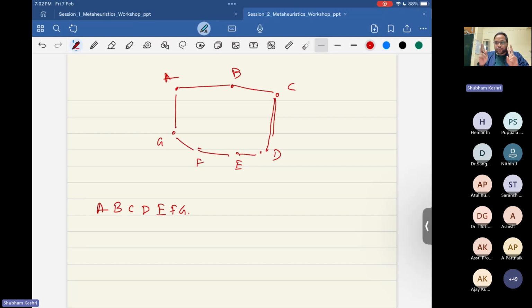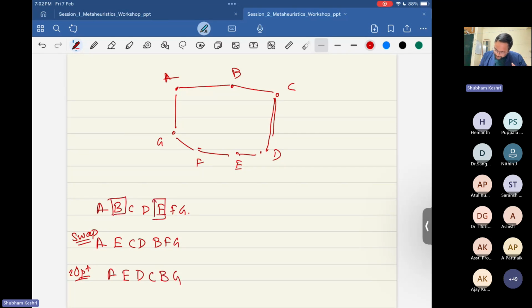Now when I do a swap, suppose I am swapping B and E. So A, E, C, D, B, F, G. This is the swap. And 2-opt will be A, E, D, C, B, F, G. So we are taking this city and this city. First this is the swap and this is 2-opt, right?